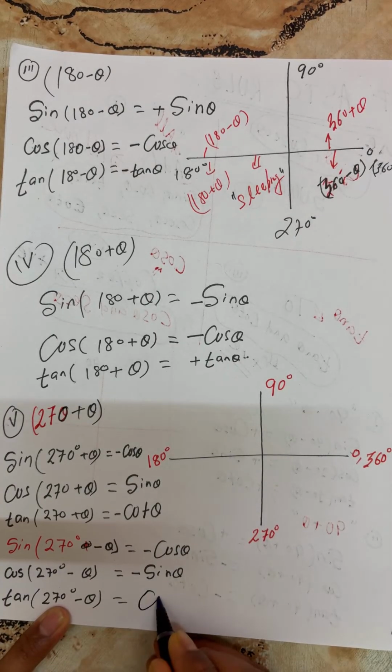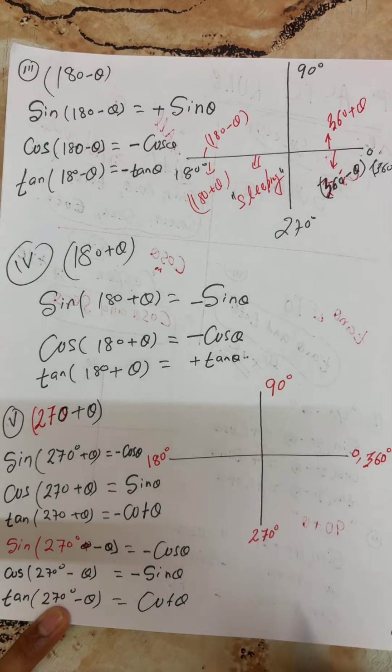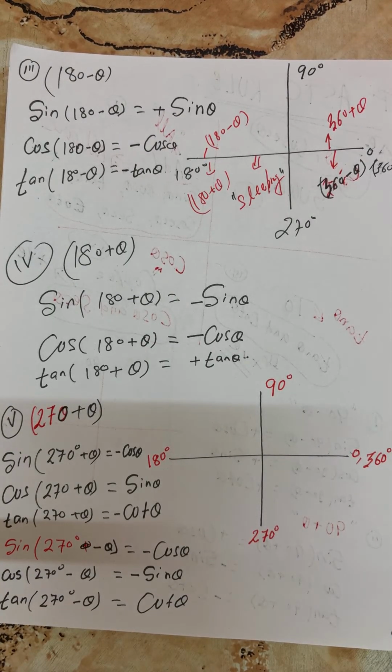Function will change: tan will go for cot, but with a plus sign only, because in the third quadrant, tan and cot are positive. We remember all these points, which are highly and super important here.